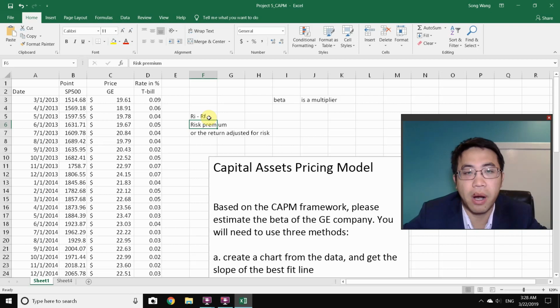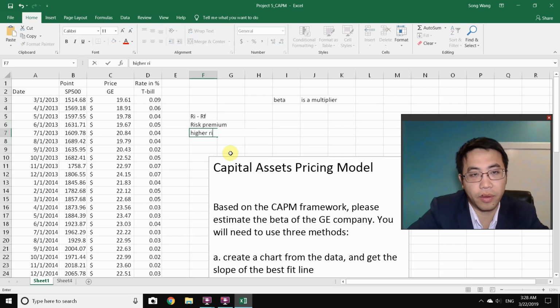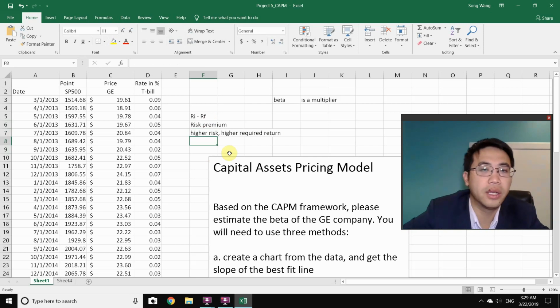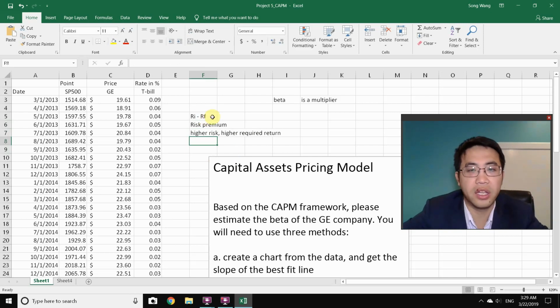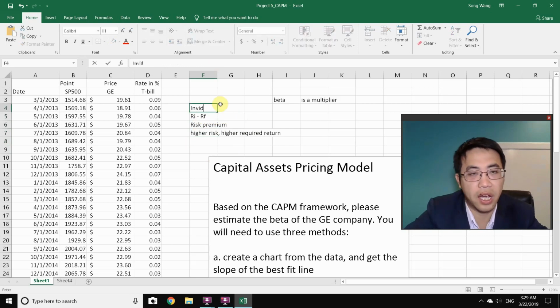If you take away the benchmark, which is the risk-free rate, then the rest would be associated with the risk. And of course, higher risk will lead to a higher required return. So if the stock is riskier, with more risk, then this risk premium would get higher. That's for the individual stock.